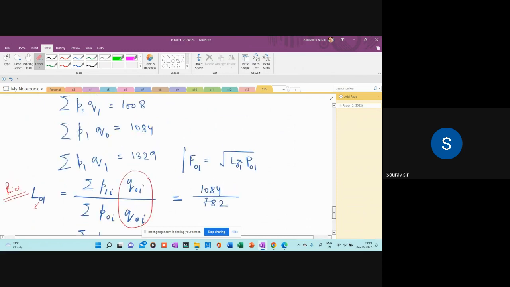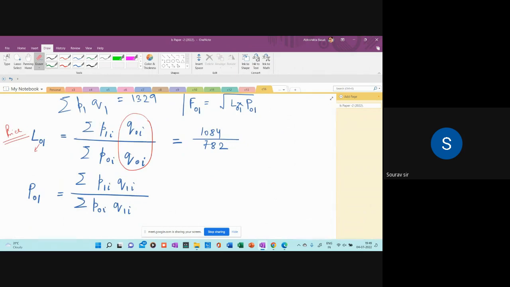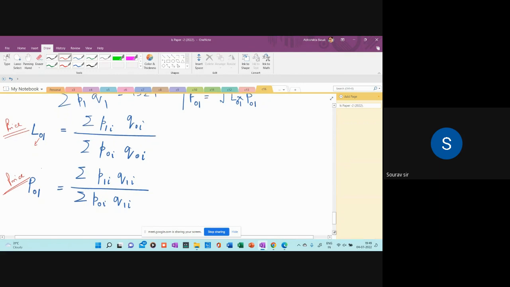So the thing is that we will put the values later. Let us write the formulas first. Okay, so L naught 1, P naught 1, this is the price index number. These are basically last year's price index, and these are Paasche's price index as well. So both are last year's and Paasche's price index.